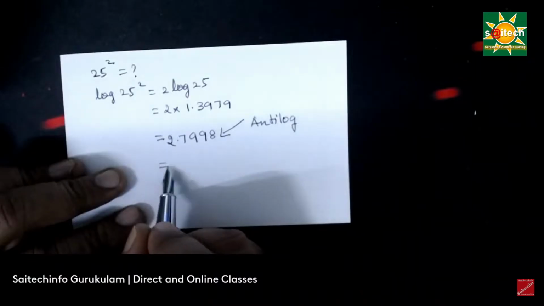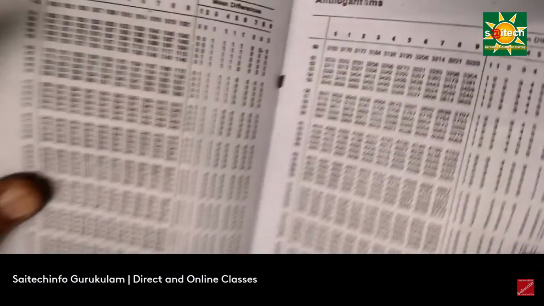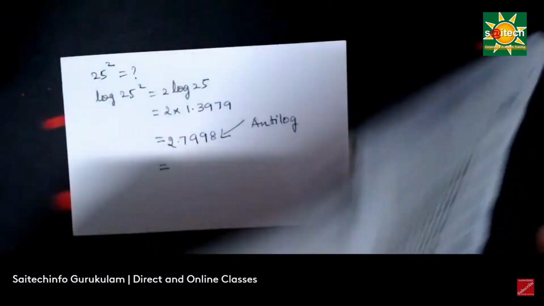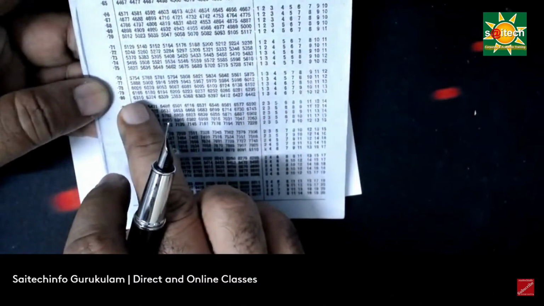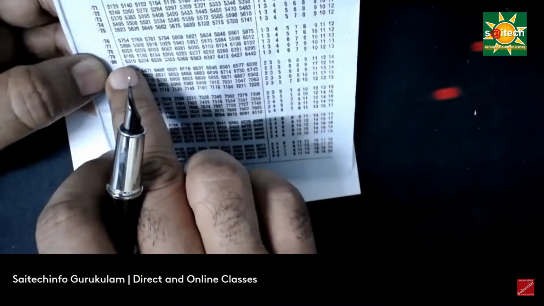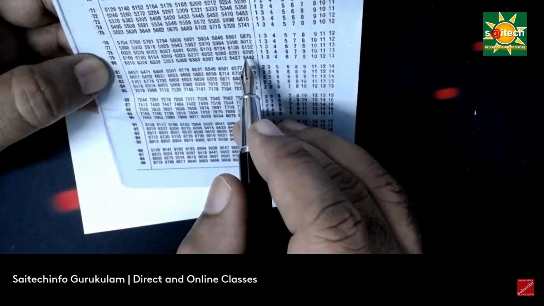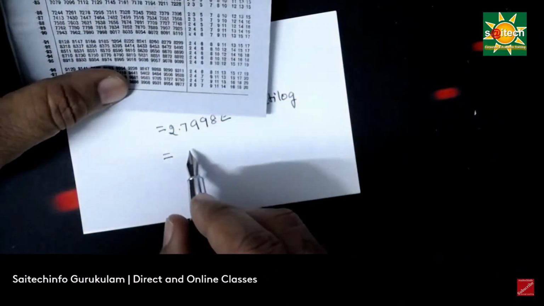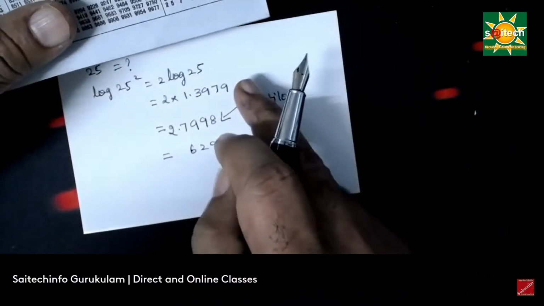What is antilog? 0.7958. So you have to check 0.79, here it is 6295. So 6295 plus, check it in 8, the mean difference.